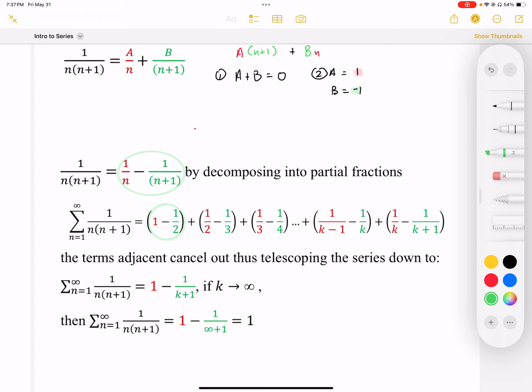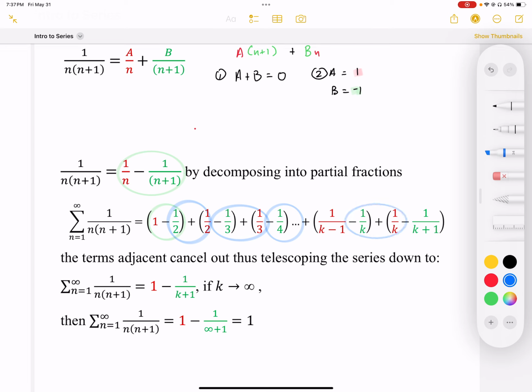And you should notice that the consecutive terms of the sequence are going to cancel. Minus 1 half plus 1 half, minus 1/3 plus 1/3 are going to cancel out. These consecutive terms will cancel out.